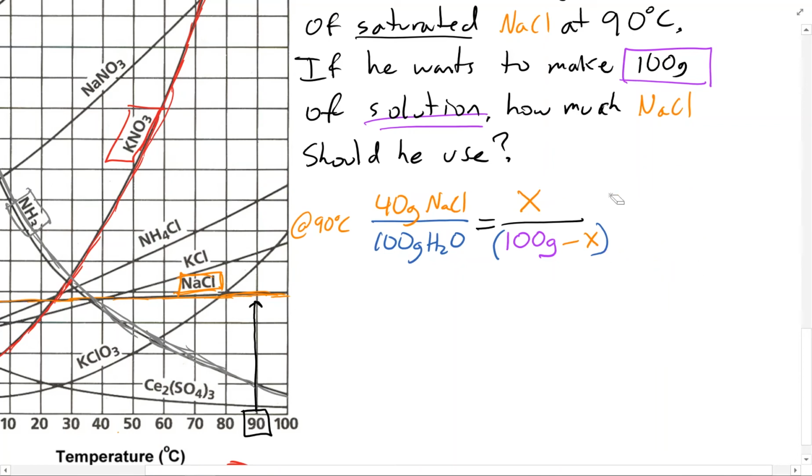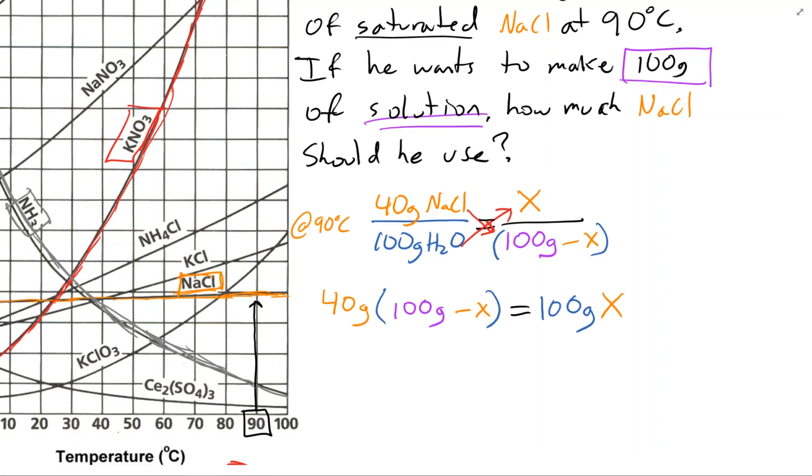Now, how are we going to actually solve the algebra here? Well, we are going to cross multiply. So you're going to have 40 grams times 100 grams minus X, and that's going to be equal to, on the other side, 100 grams times X. So what we're going to do is distribute our 40 grams in here.